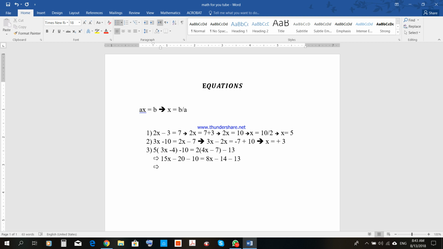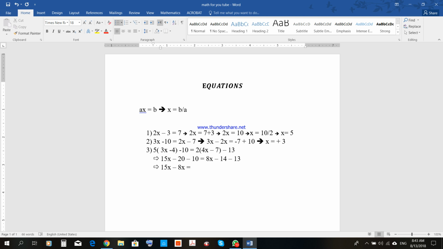Now we should take the unknowns from the right side to the left side. It becomes here 15x minus 8x, because we said before you must change the sign.